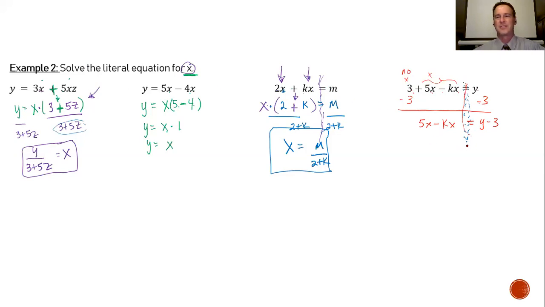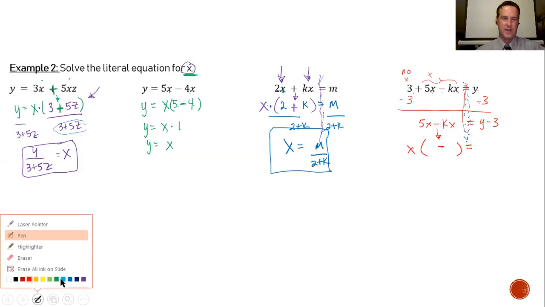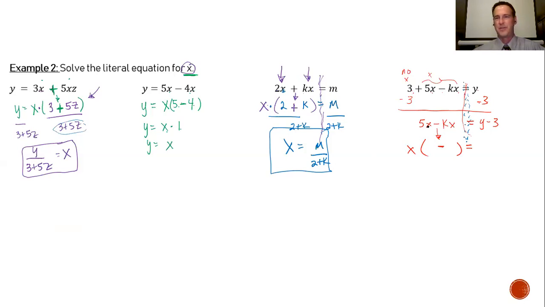And again, you'll ask yourself, let's pull out what they have in common, which is an x, and recopy the sign. All right, and what's left over? Well, if I pull this x away, there's still a 5. Okay, subtract. If you pull this x away, there's still a k. And that's equal to y minus 3.